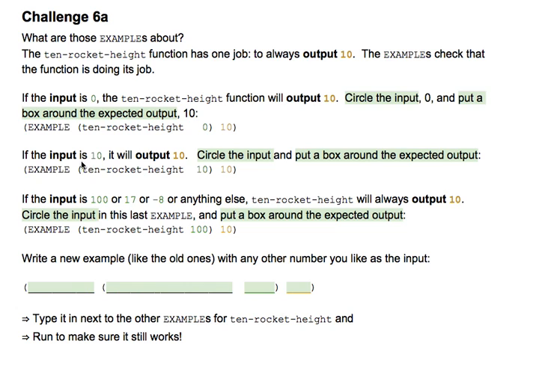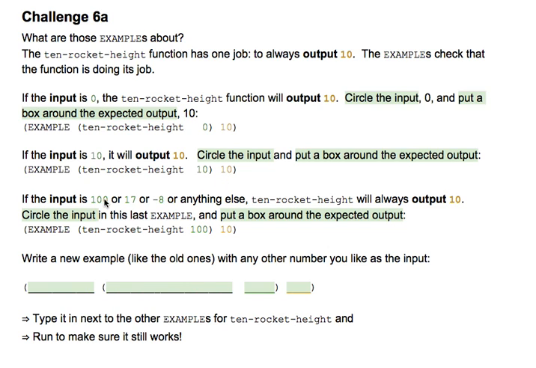The two parentheses go together in an imaginary circle. The first thing in one of those imaginary circles is the name of a function that we're going to use. So we're going to use the 10 rocket height function, and we're going to give it the input 10. Okay, so the 10 rocket height function, if you hand it the input 0, or if you hand it the input 10, it's going to give back 10. So we expect box around 10.